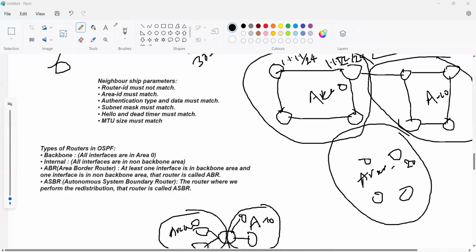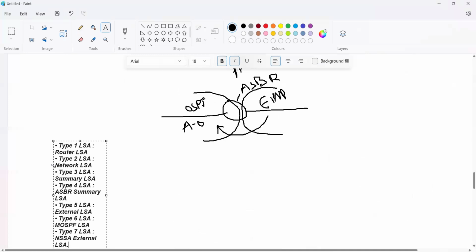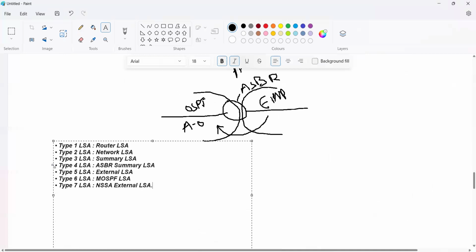I'll give you the overview of the types of LSAs: router LSA, network LSA, summary LSA, ASBR summary LSA, external LSA, multicast OSPF LSA, and not-so-stubby area external LSA.